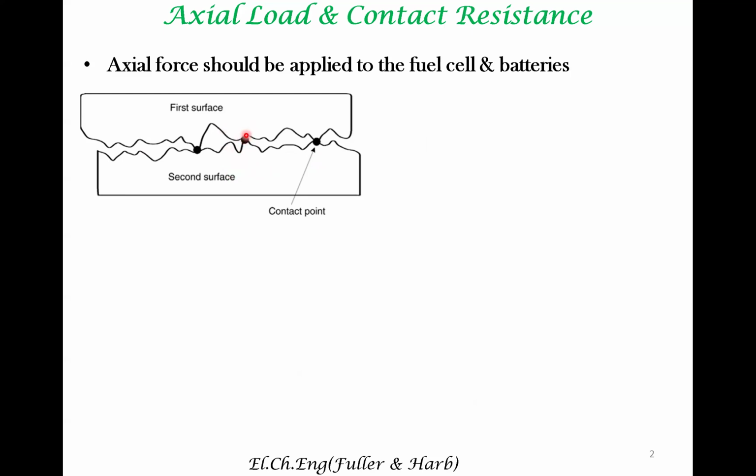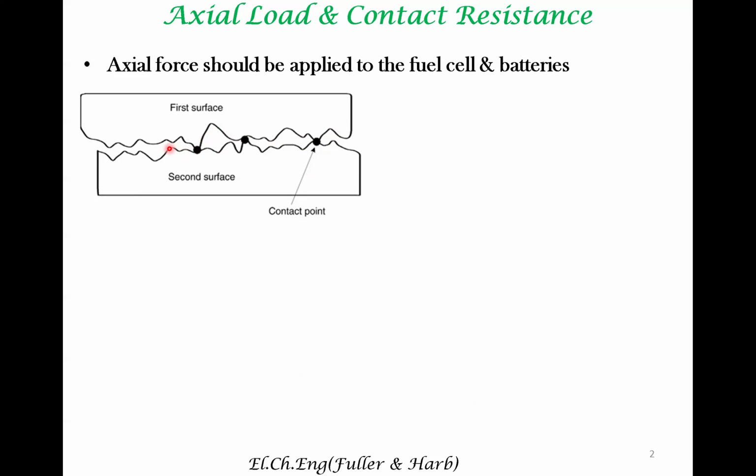It's very hard to have a perfectly smooth solid. Often you have a rough solid interface, and the resistance is inversely proportional to the number of contact points. The more the number of contact points, the lesser will be resistance.